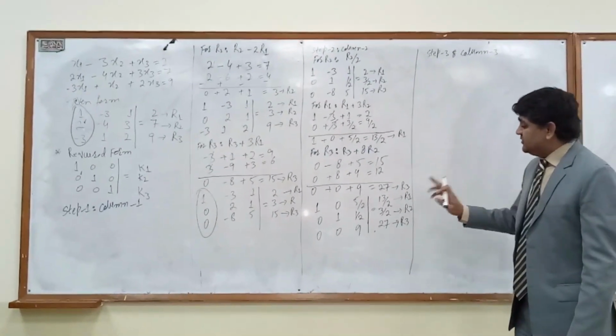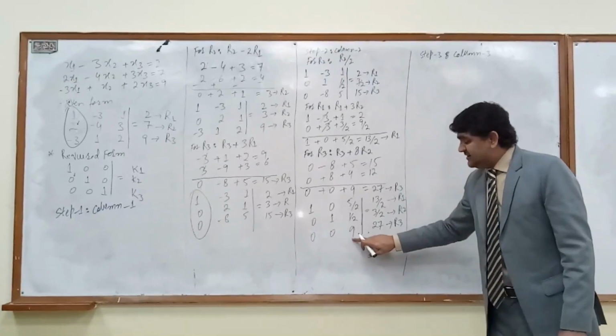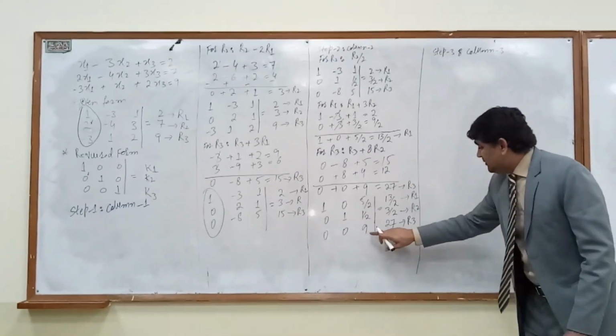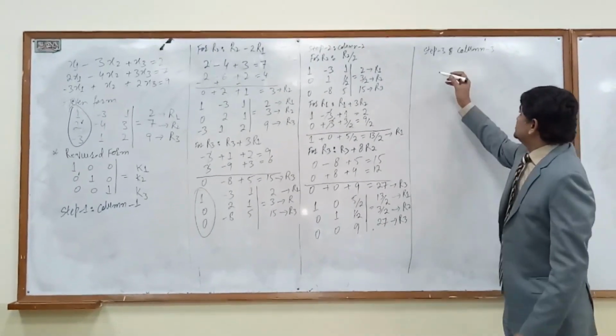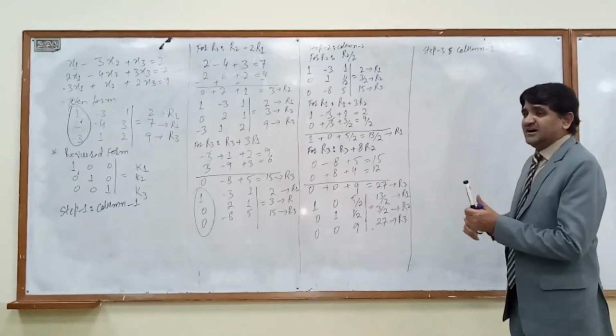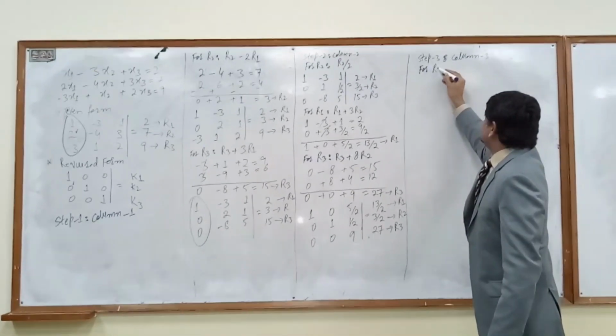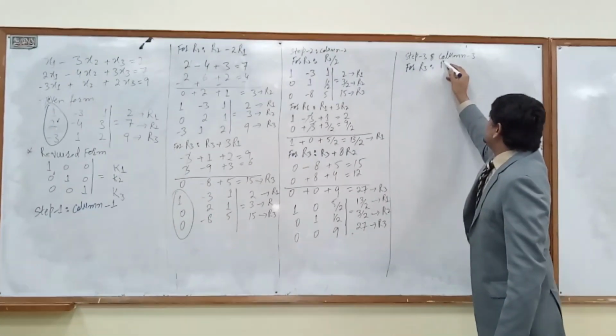But in this case, we require 1 here, and given is 9. So we are going to operate for R3. So R3 is going to divide.